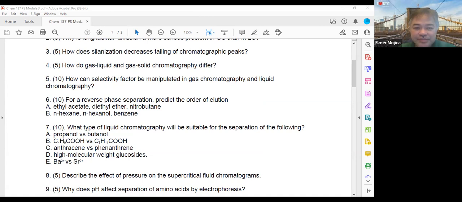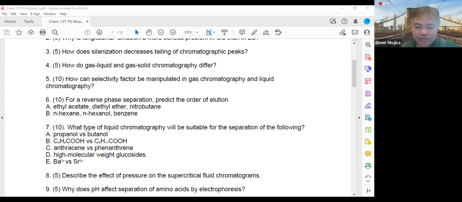Right? So let's say ito yung A, B, tapos ito yung void volume. So as much as possible, we want the selectivity factor to be at least greater than 1.